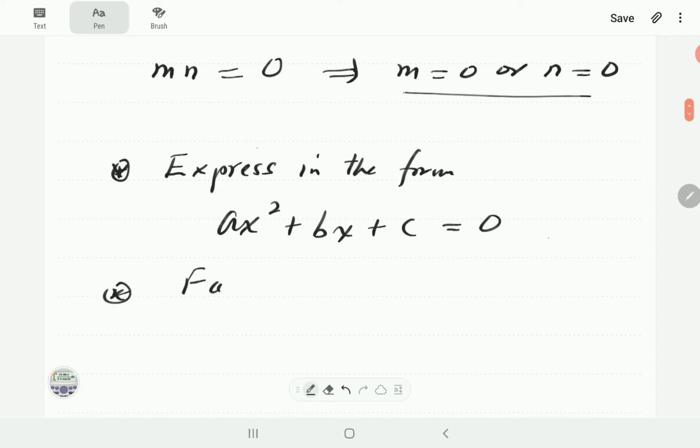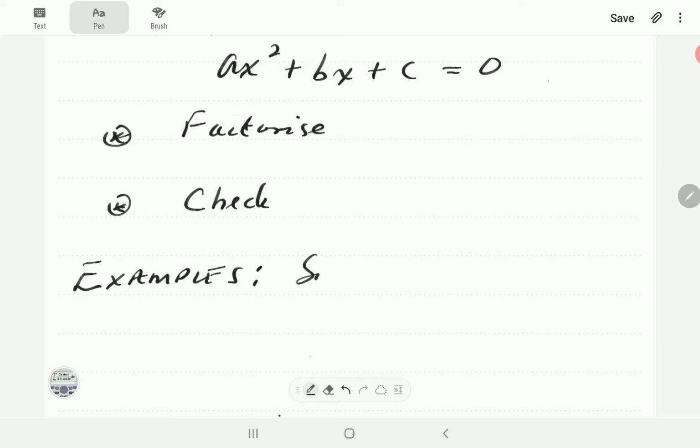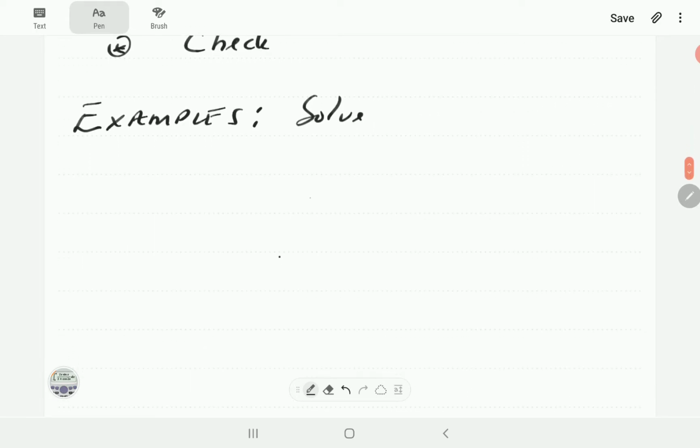Then after that we factorize, and then once we've factorized, we can solve the equation. Something that is going to be useful for all equations is that if time is permitting, then always check your answer, because this is a property of equations which is very useful, because with equations you can always check your answer.